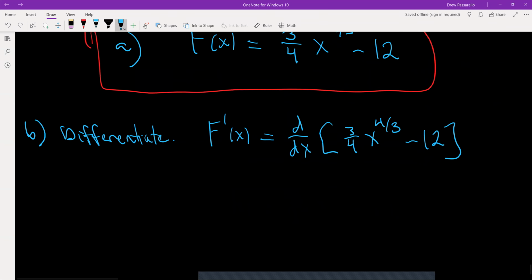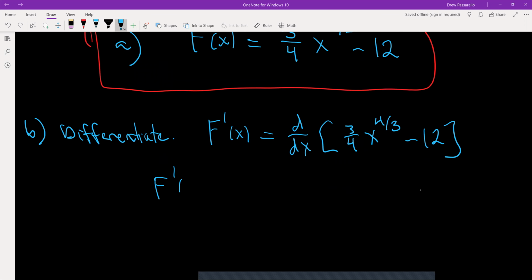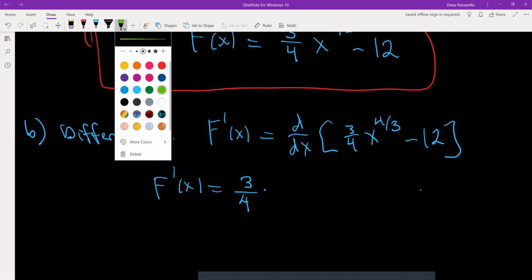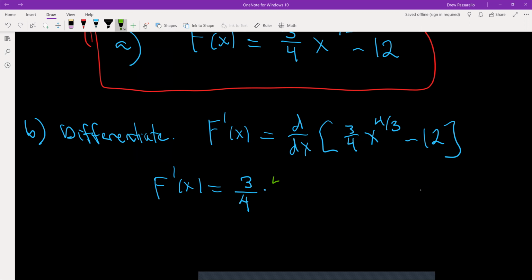Well, that's going to become, so 3/4, I factor that out, take the derivative of x to the 4/3, and you drop down the exponent 4/3, and then it's going to be x to the 4/3 minus 1. All right, using our derivative rules.